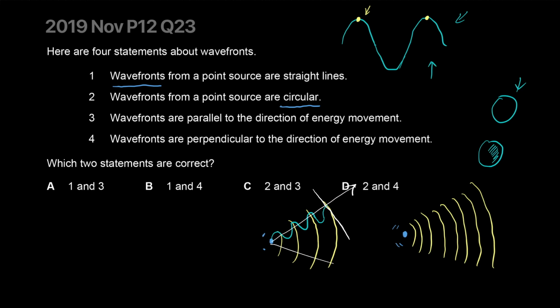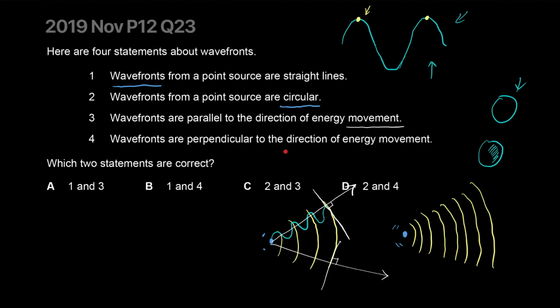And over here, if the wave is moving like that, the tangent is telling me that, yeah, see? So the wavefronts are parallel to the direction of energy movement. That's more or less true, right? So they're trying to be parallel. That's why they're spreading out, because the energy movement is spreading out.